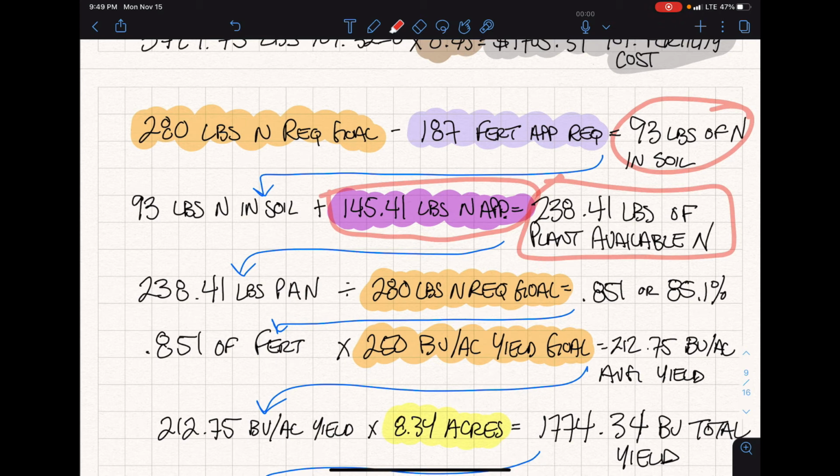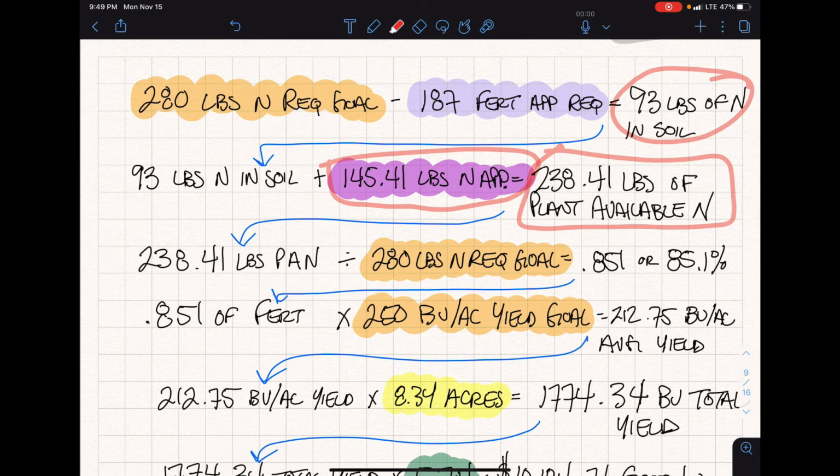Because only 85% of our fertilizer goal was met, we're only going to meet 85.1% of our yield goal. So to calculate our yield, we're going to take that number and carry it down of 0.851, or 85.1%, and multiply that by our yield goal, which is 250 bushels per acre.